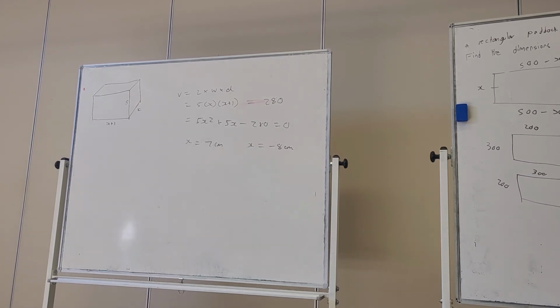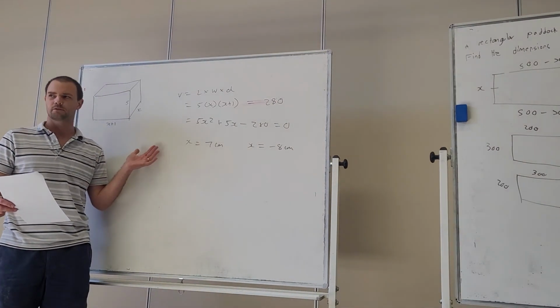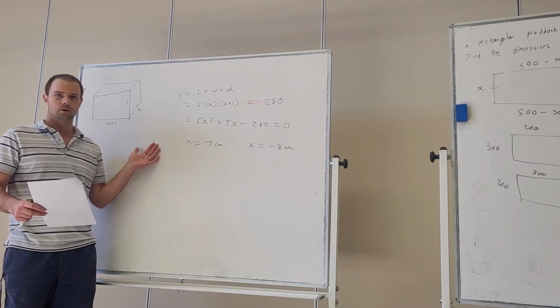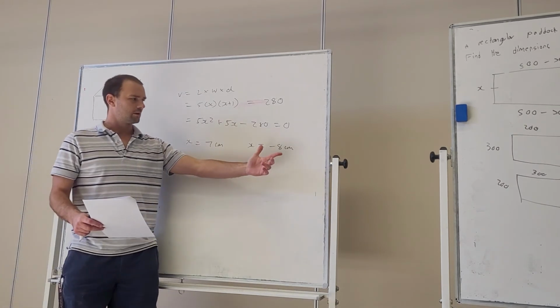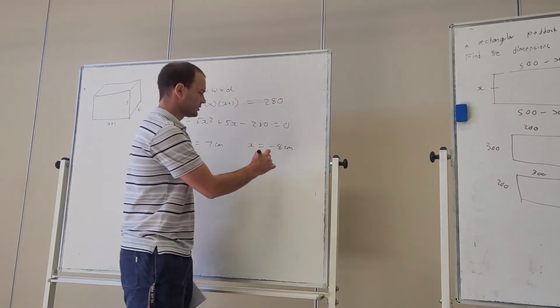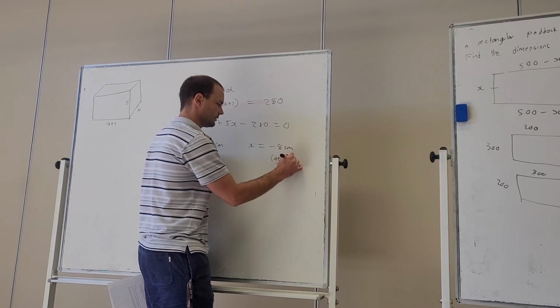It says find the dimensions of the box. Okay, so look, we've found the value for x. We've found 2 values for x. One of them's not right. Why is one of them wrong? We can't have a negative. Yeah, we can't have a negative length. Okay, so our third step says to reject any illegitimate solutions. So we're going to reject this one.